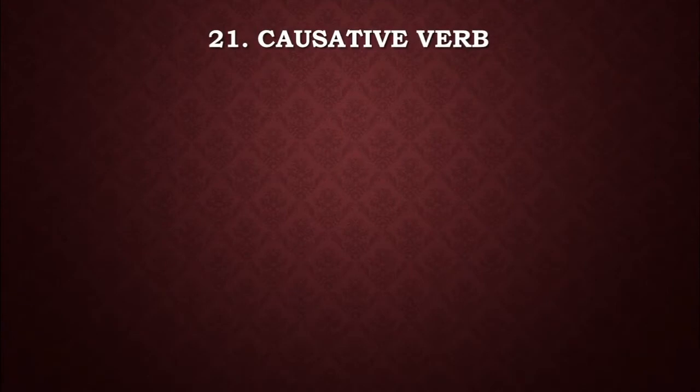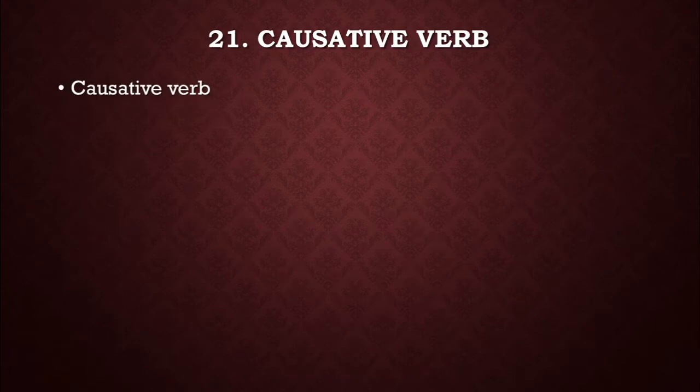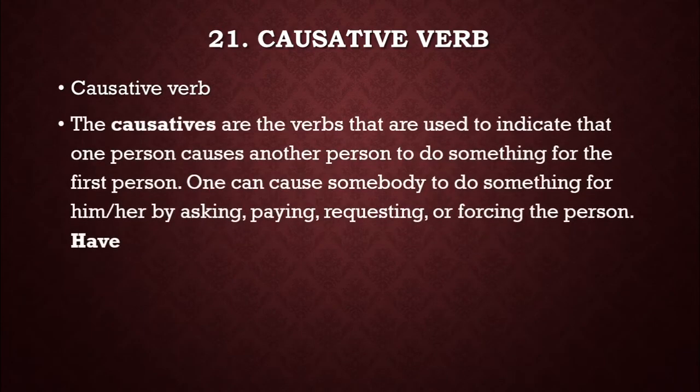Now we are discussing rule number 21 of the topic right form of verbs. As part of rule number 21, we will discuss causative verb. Before going into details, let's talk about what a causative verb is. The causatives are the verbs that are used to indicate that one person causes another person to do something for the first person.